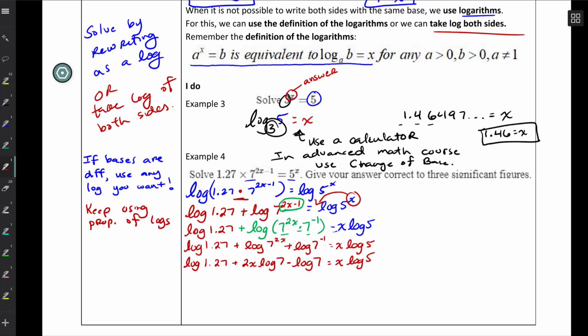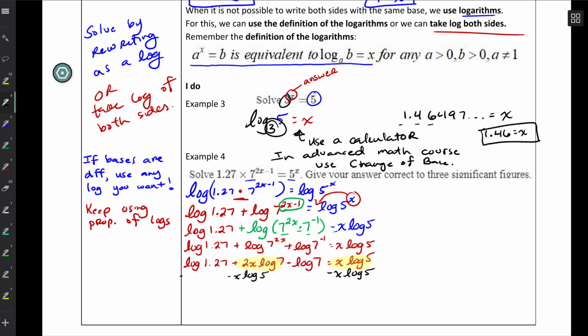Okay? Now, what we want to do is basic algebra. Get the terms with your variables to one side. So I'm going to move the x log 5 to the left-hand side, and I'm going to do that by subtracting. Minus x log 5. But now, any term that doesn't have a variable, I'm going to move it to the other side.